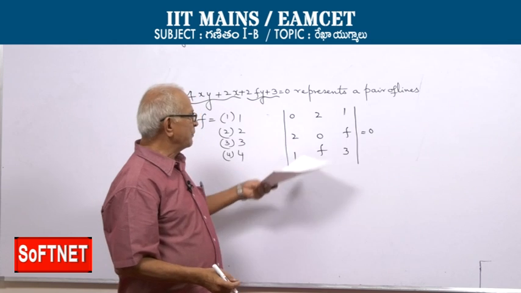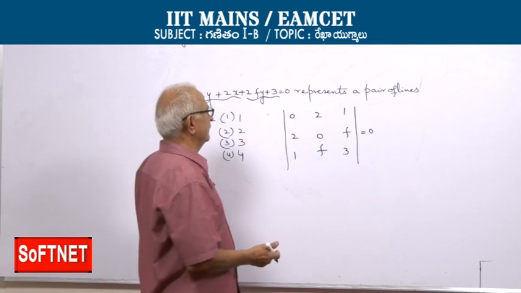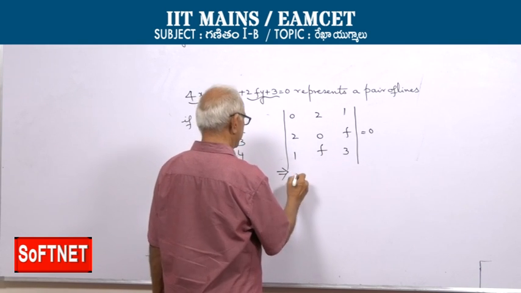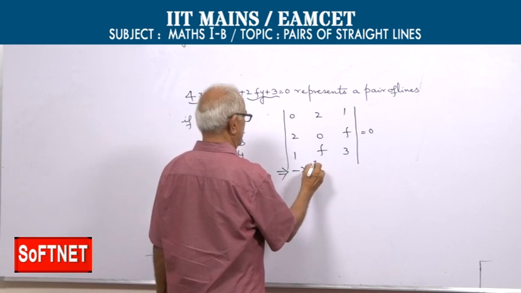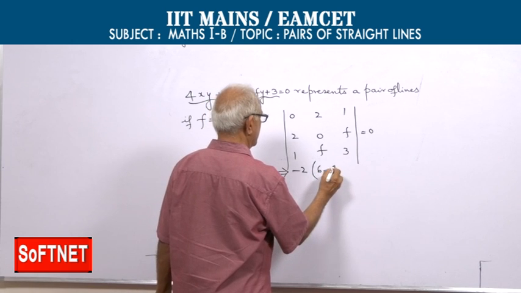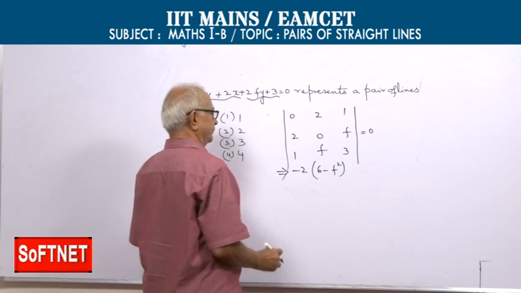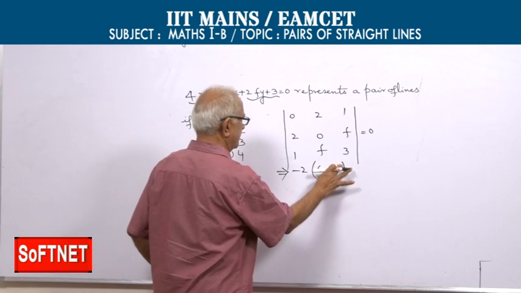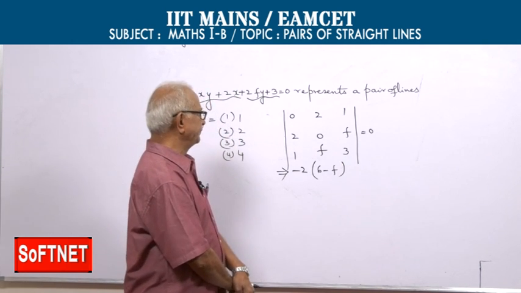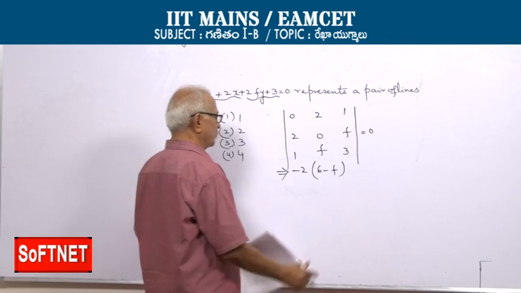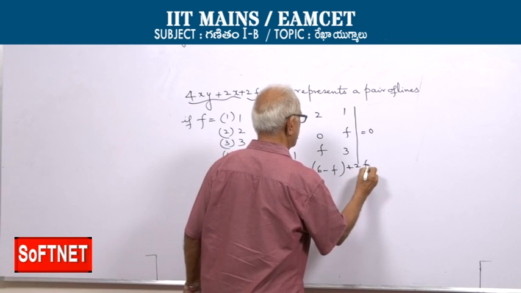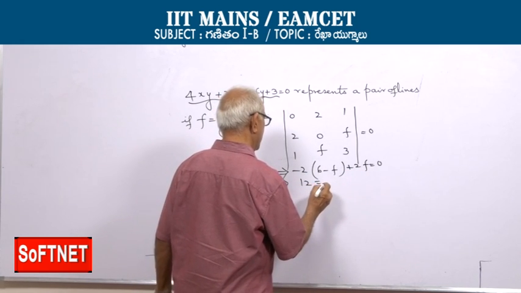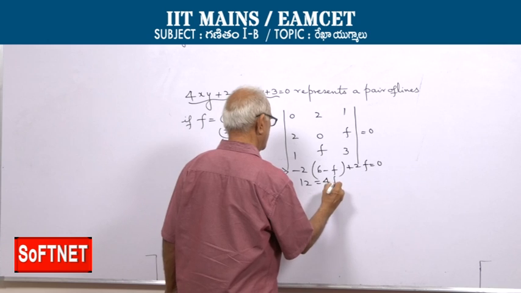When you expand, you can easily see that this is minus 2 into (6 minus f) plus 2f, or 12 equal to 4f.